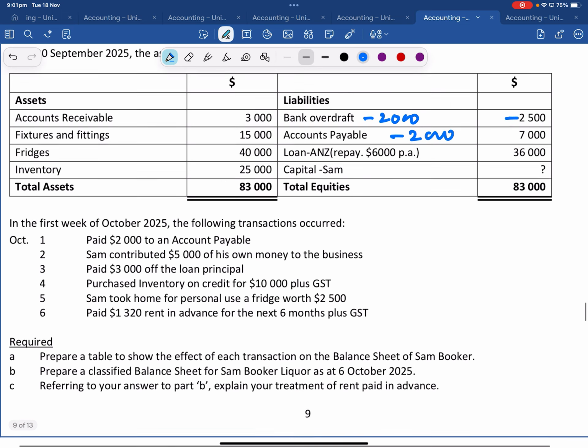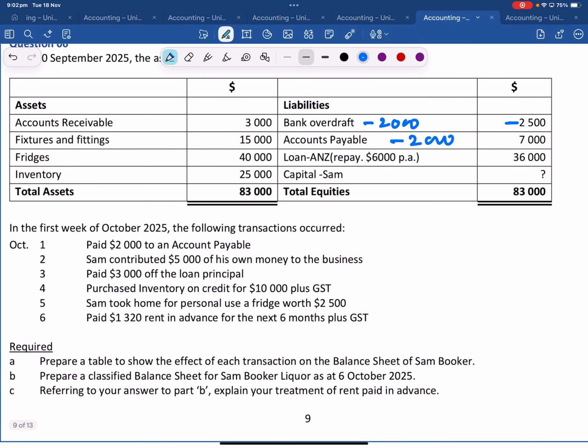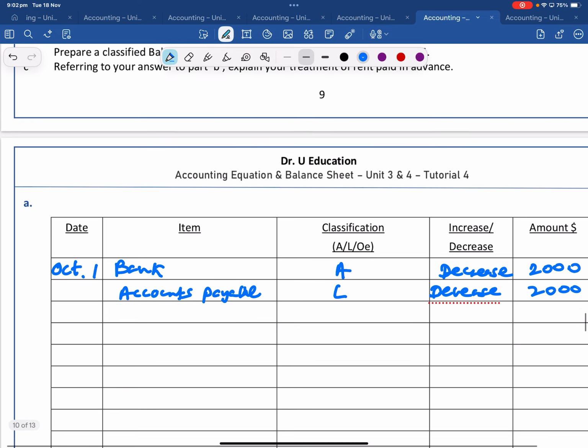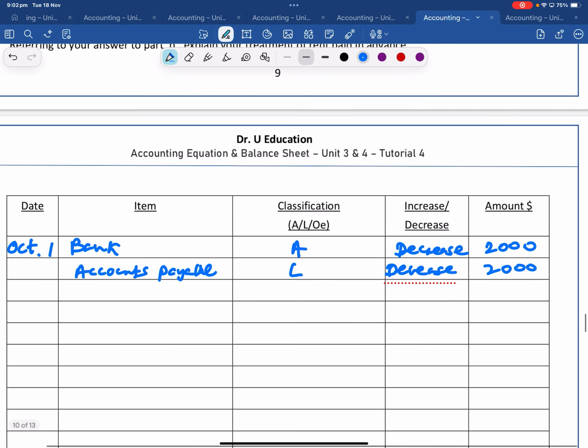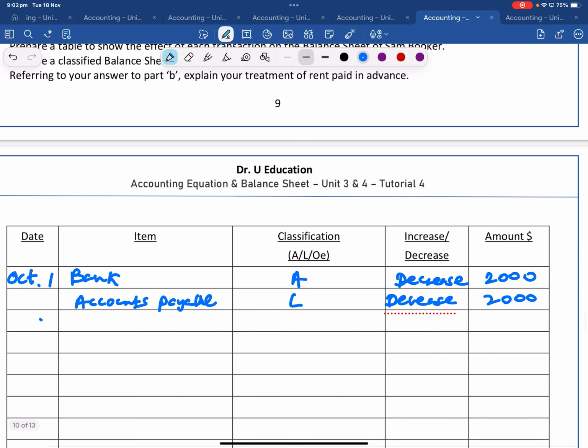This 5,000 will be converted to a bank positive. That's the problem, that's why you shouldn't take it as overdraft. Take it as just bank all the time. I saw that you had written bank overdraft increase; it will be an issue. Just treat it as bank. That's it.